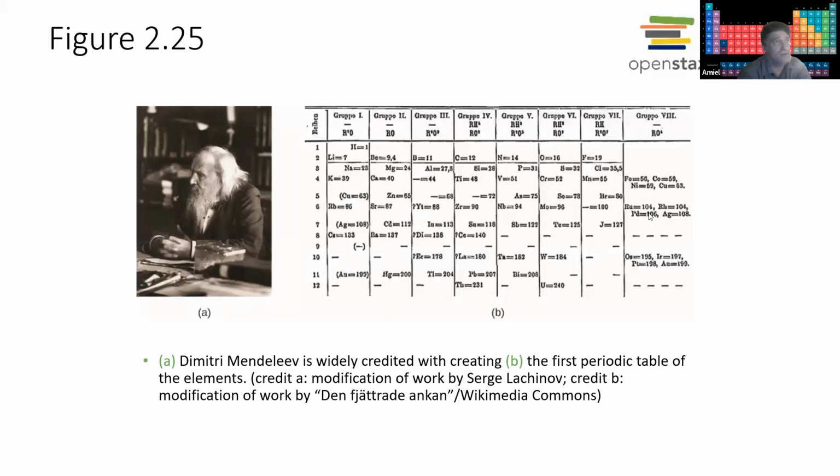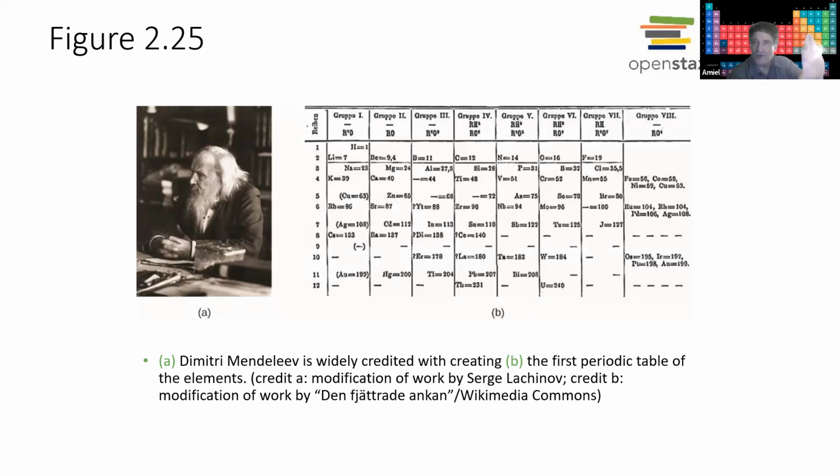I know this is difficult to read, but basically why he is remembered is based on his arrangement of the periodic table. He predicted the existence of elements that had not been discovered yet.